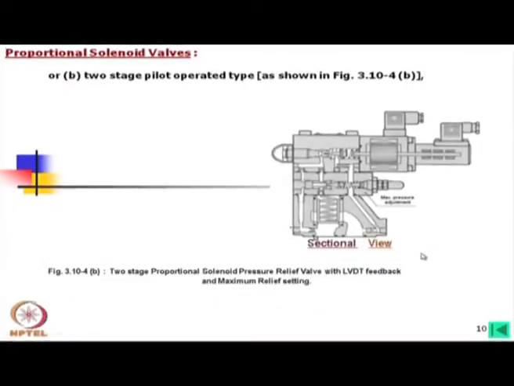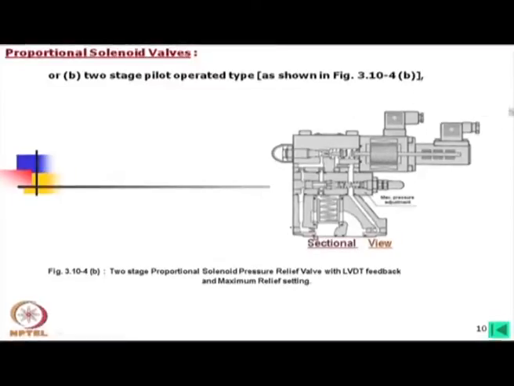Now, this looks like, you can say, a sectional view, although it is not the original section, but on a real shape, you can say. Here this is the proportional solenoid, and this is the transducer part, or you can say the feedback part, which gives the feedback, and then further it controls.